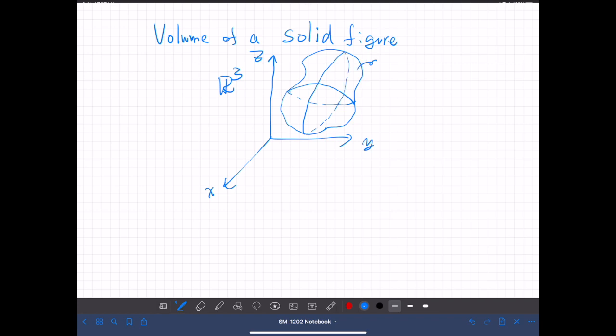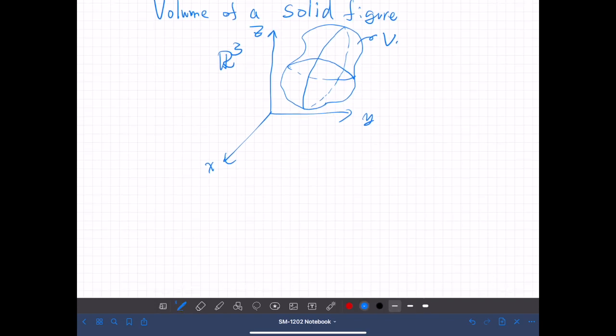So let's say this is a bounded closed region in three-dimensional space. Let's call it V. Then the volume of this solid is defined as this. So this is the triple integral on this bounded closed region of dx dy dz. So if this is finite, then we say this solid V has a volume.